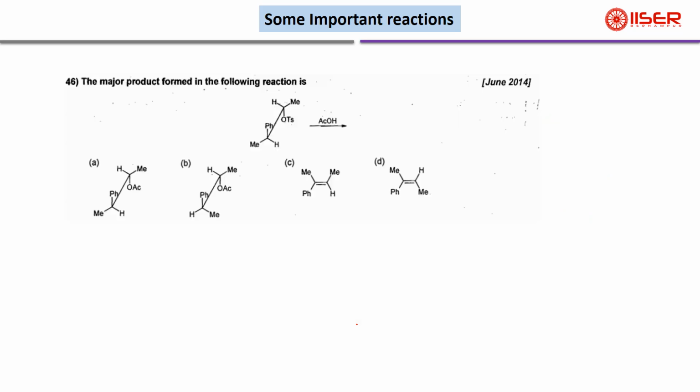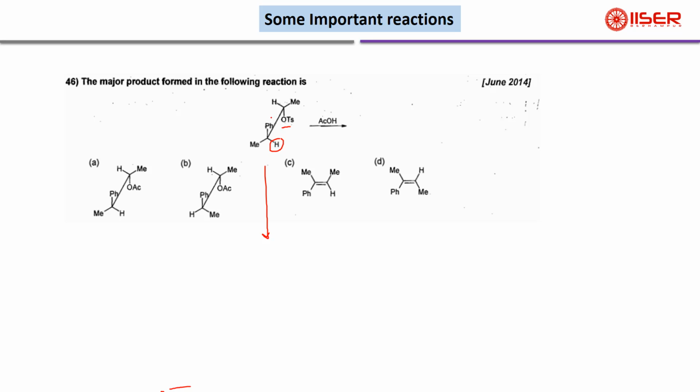What will be the major product formed in the following reaction? As you can see, there is a leaving group and the product is an alkene, so obviously there will be a chance of elimination reactions. There is no anti-periplanar hydrogen with respect to this OTs.